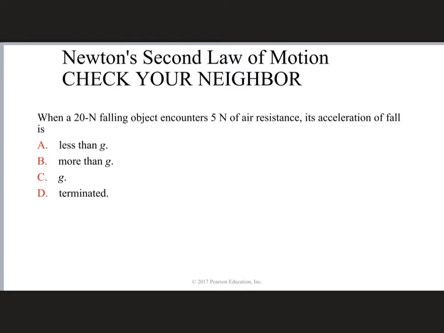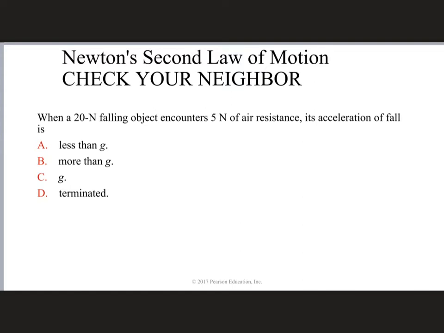So anyway, we have our question here. If you have a 20 Newton falling object that encounters 5 Newtons of air resistance, what's its acceleration in fall: A, less than g, B, more than g, C, equal to g, or D, terminated. It doesn't accelerate at all, or it accelerates for a while and then it stops.